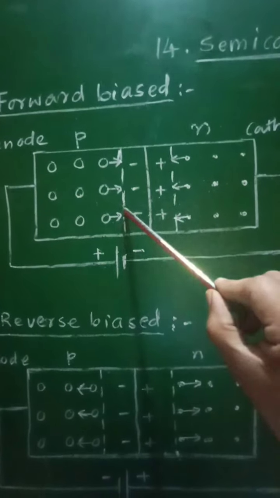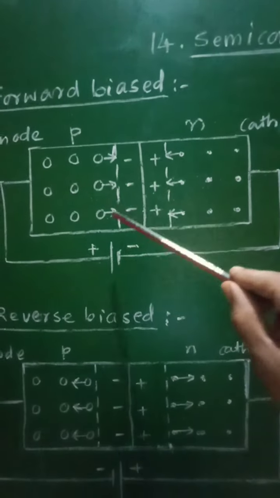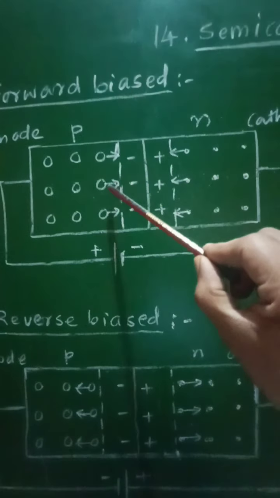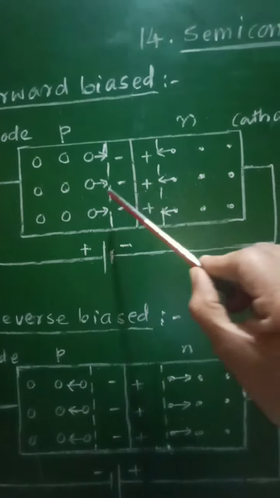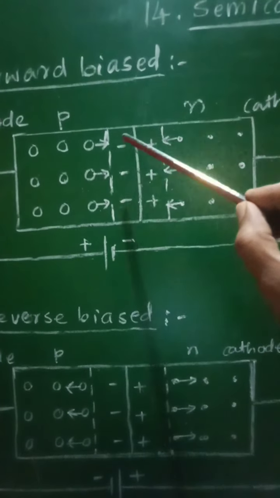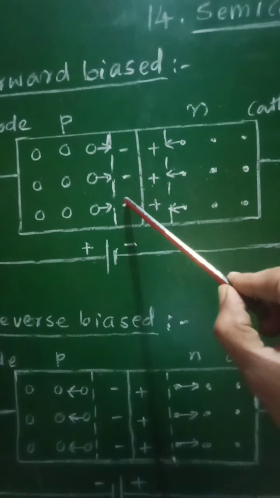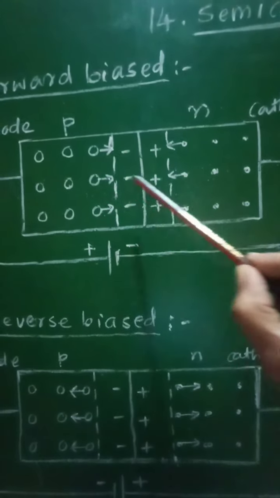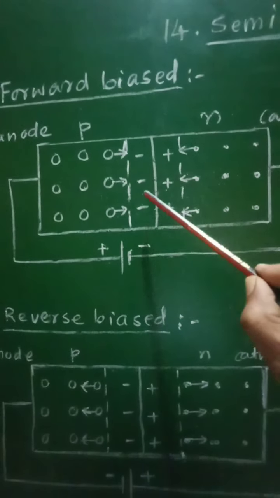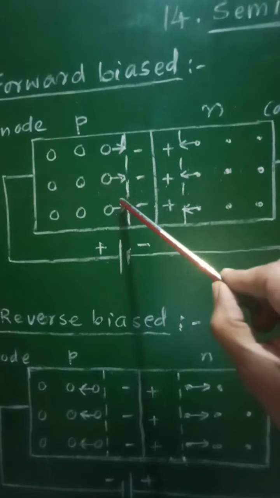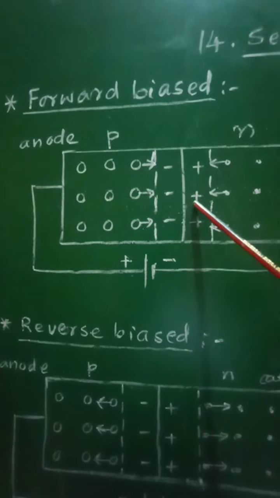That means when the PN junction diode is connected in forward bias mode, the charge carriers from both the P and N regions will move in the forward direction, so that the width of the depletion region will decrease. As the carriers are moving in the forward direction and current is set up in the diode, this type of biasing is called forward biasing.